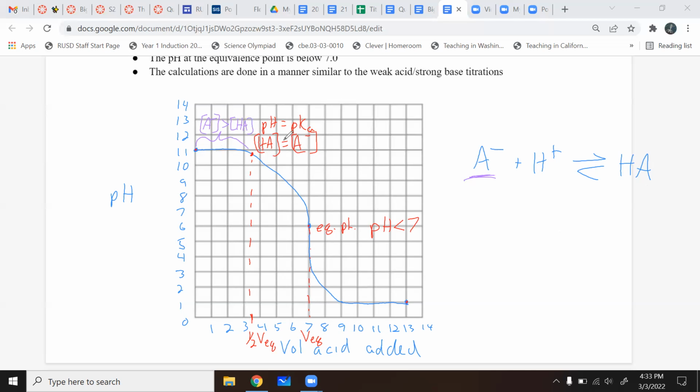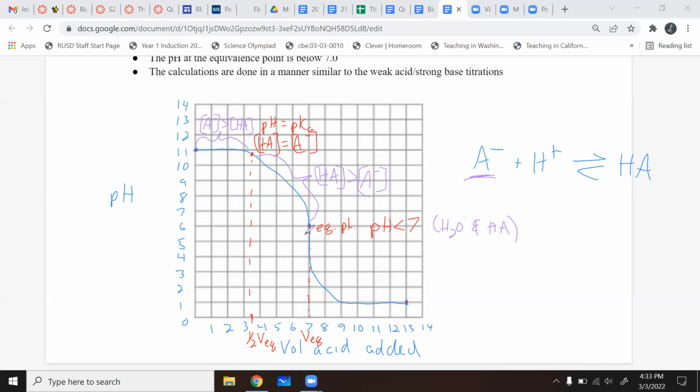Now, after the half equivalence point, when HA and A minus equal one another, we have a region of space where our HA concentration is going to exceed that of A minus. And then we hit our equivalence point where you're mostly going to have water and HA present, which again is why that pH at equivalency is slightly lower than 7.